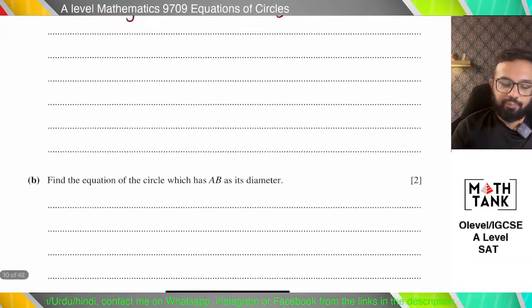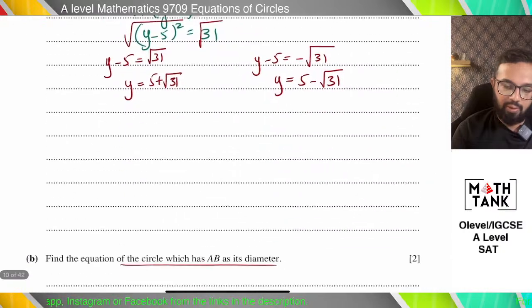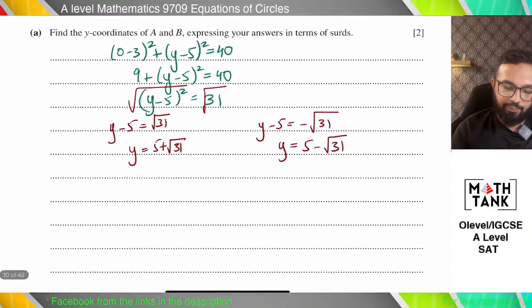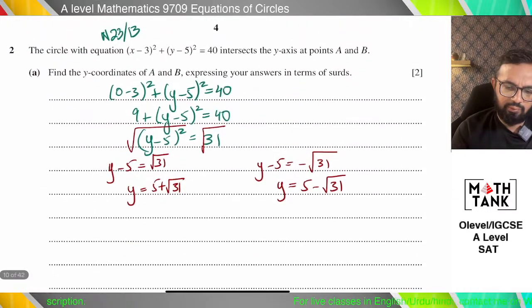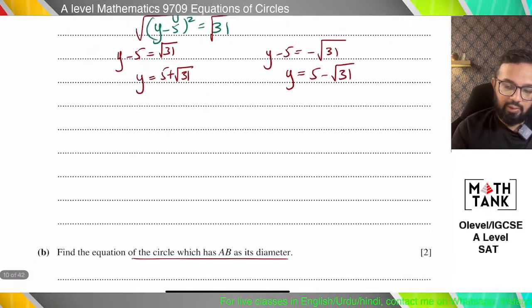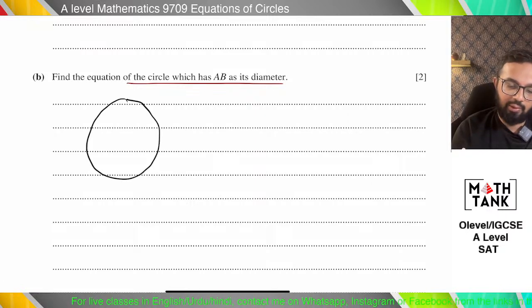Okay, and it says find the equation of the circle which has AB as its diameter. So I have AB as its diameter. Okay, that's interesting.